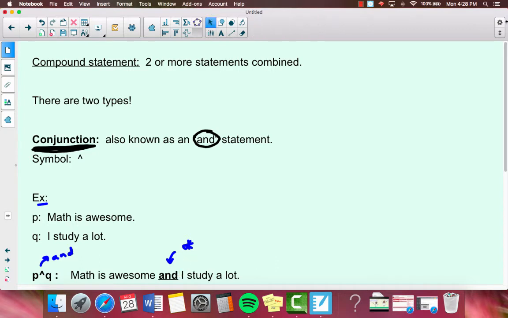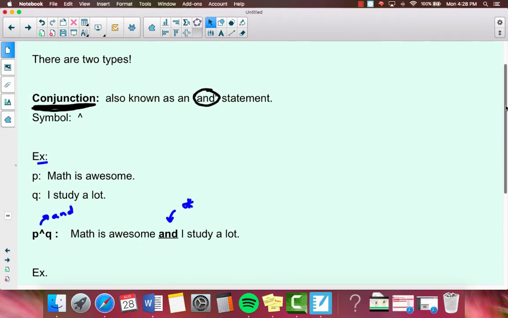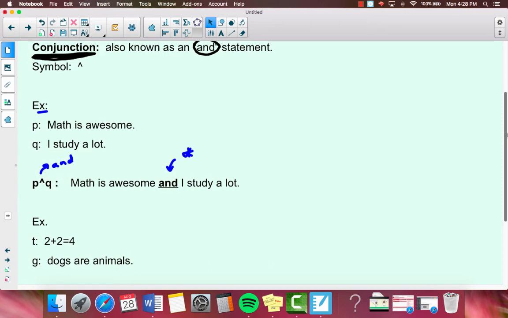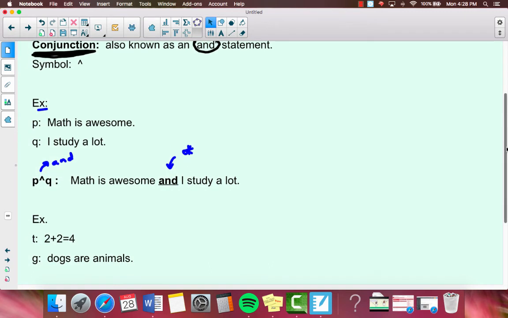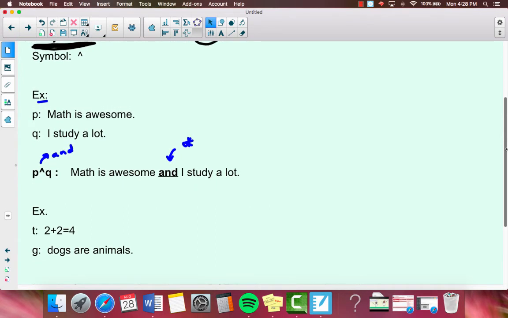Now, when we're talking about compound statements, we can have a truth value, but there's a little bit of a catch. For example, I've got these two statements. T says 2 plus 2 is 4. And my second statement says dogs are animals.